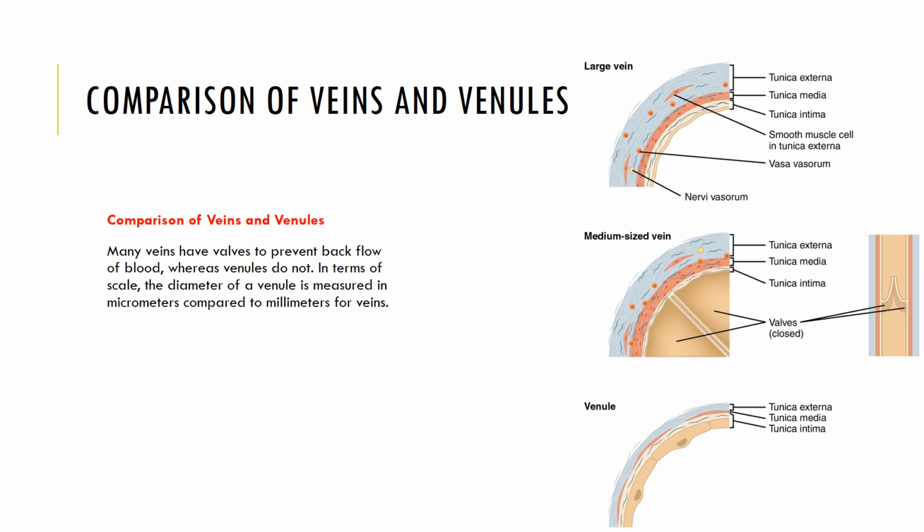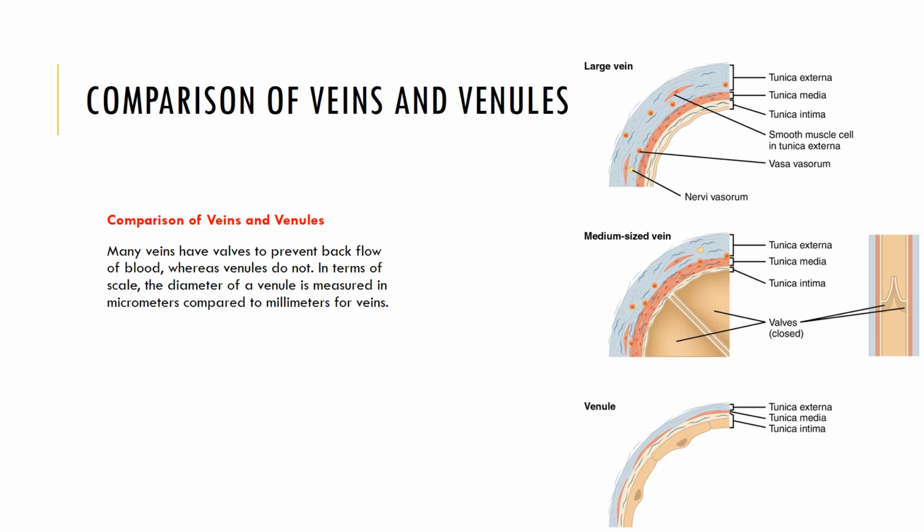The slender tunica media is surrounded by a thick tunica externa composed of a mixture of collagen and elastin fibers. Some large veins are flattened with extremely thin walls. These are called venous sinuses and are found in the heart, like the coronary sinus, and the brain, like the dural sinus.